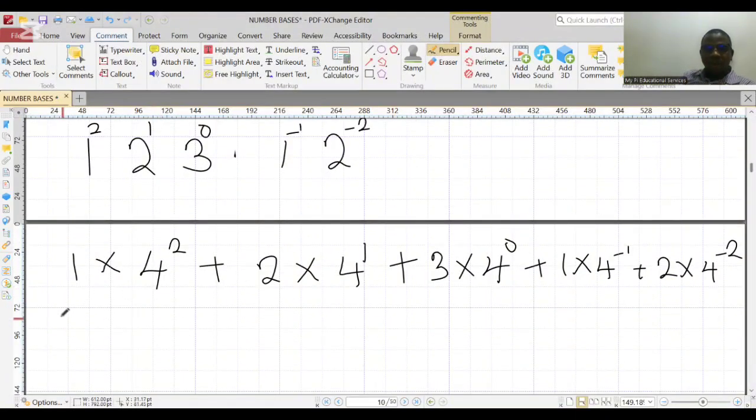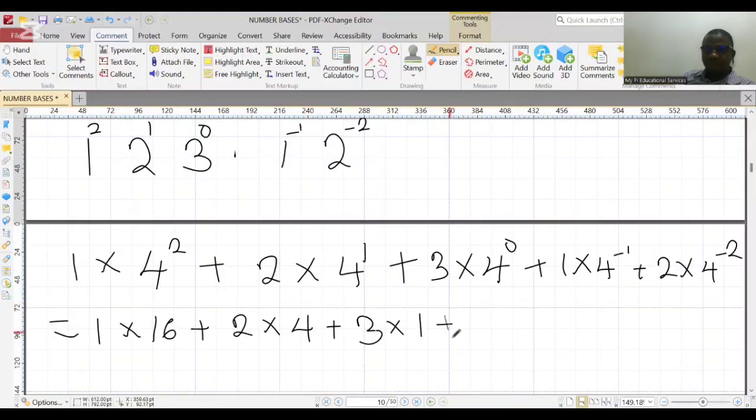So we have 1 multiplied by 4 squared, which is 16, plus 2 multiplied by 4 to the power of 1 is 4, plus 3 multiplied by 4 raised to the power of 0 will give you 1, plus 1 multiplied by 4 raised to the power of -1 will give you 1 out of 4 to the power of 1, plus 2 multiplied by 1 out of 4 squared.